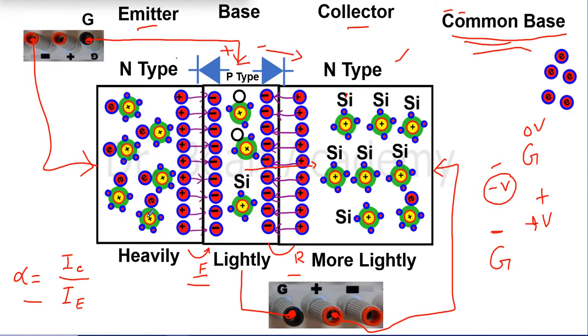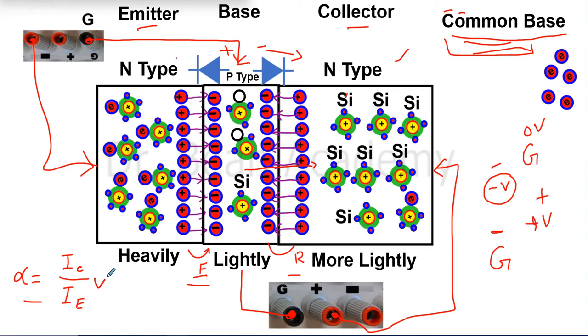When we were studying the common base configuration, I told you that because the base is common, we are not interested in base current. Now input is emitter, so we are interested in input current, and here is the output current, which is IC, and we always find the ratio of output current divided by input current.